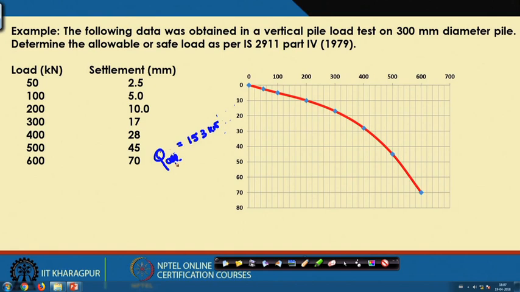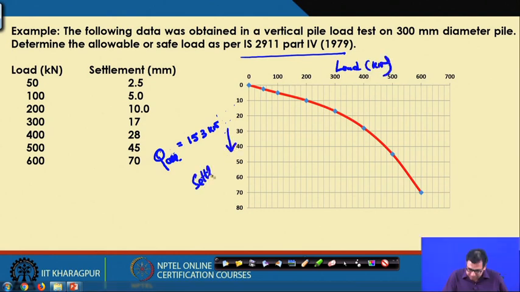So, this is the load versus settlement curve, and based on the IS code recommendation we got Q allowable as 153 kilonewton. The load is in kilonewton and the settlement is in millimeter.